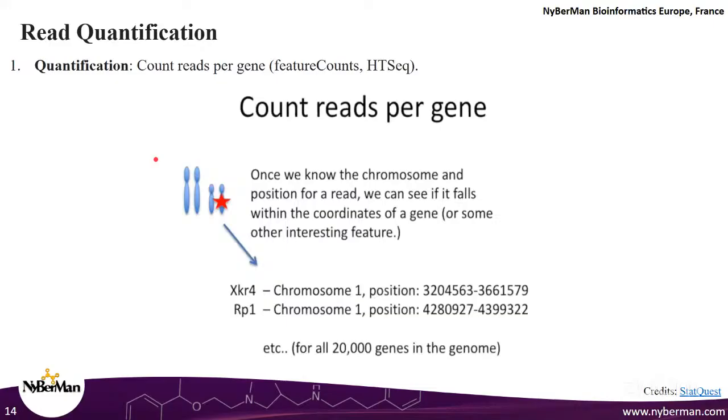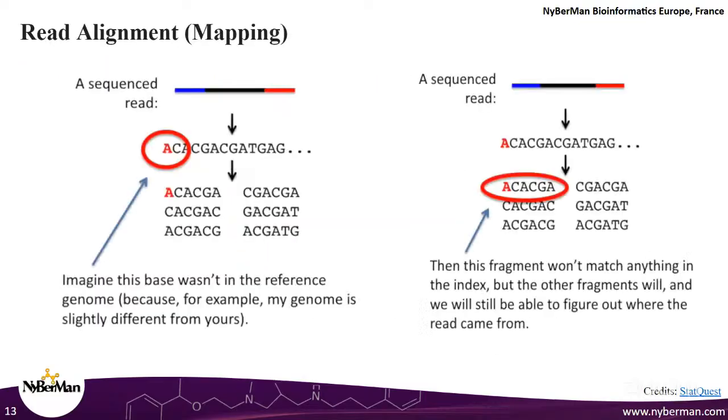Now something very beautiful happens, which is read quantification. Once you are done with this alignment step, you end up with a certain file known as the SAM file, or sequence alignment information file. We will see what these SAM files look like, what the structure is, in the upcoming lectures.